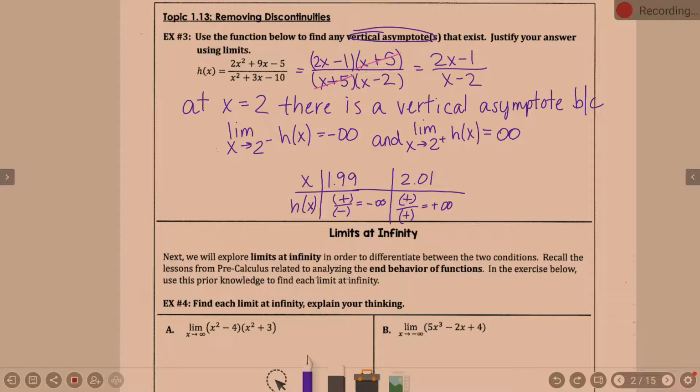Down below, we're going to explore limits at infinity in order to help differentiate between the two conditions. If we recall lessons from pre-calc relating to analyzing the end behavior of functions, the exercise below uses prior knowledge to find each limit at infinity.